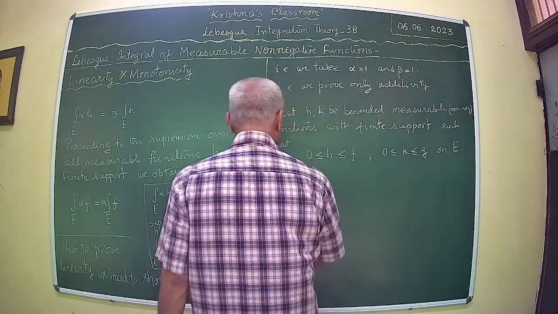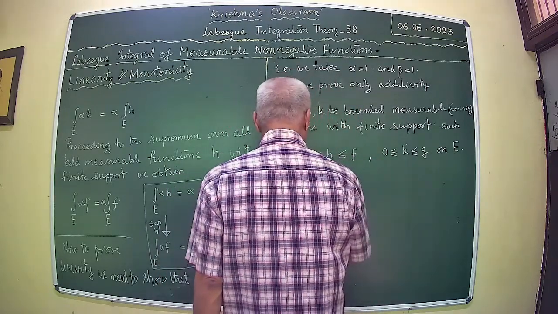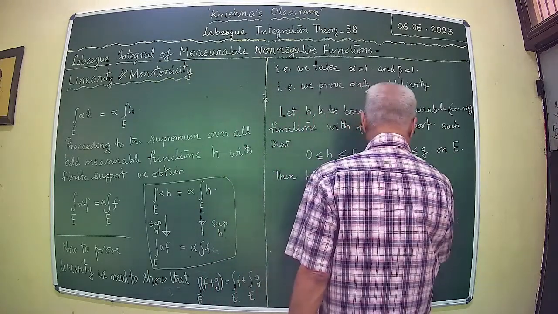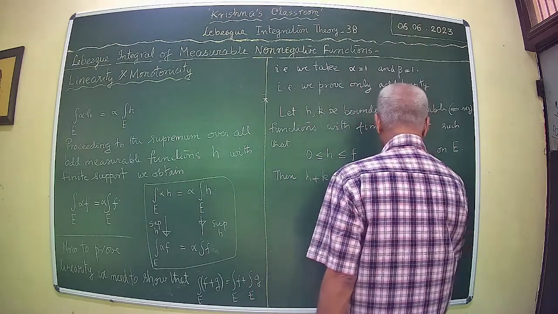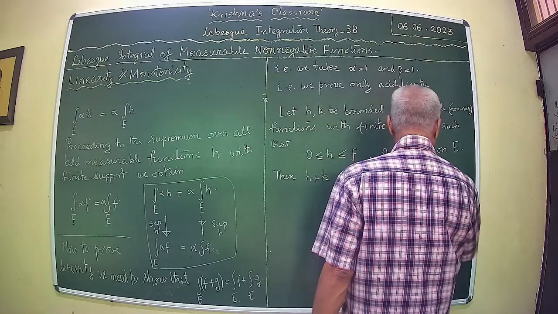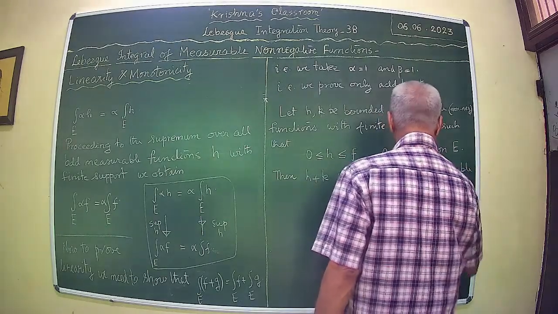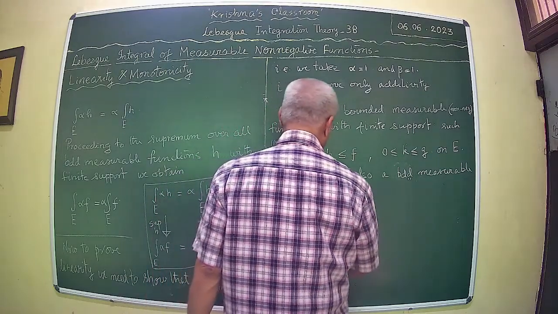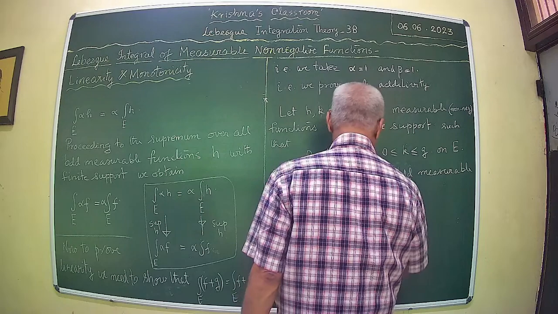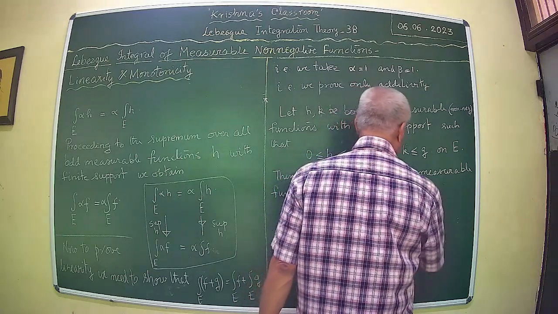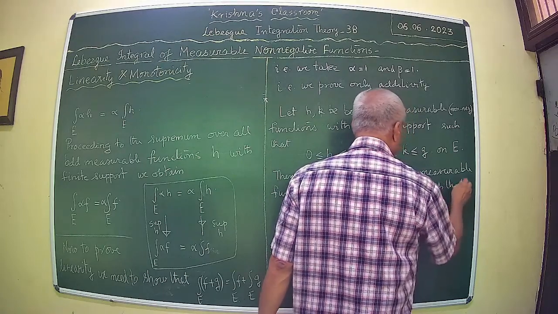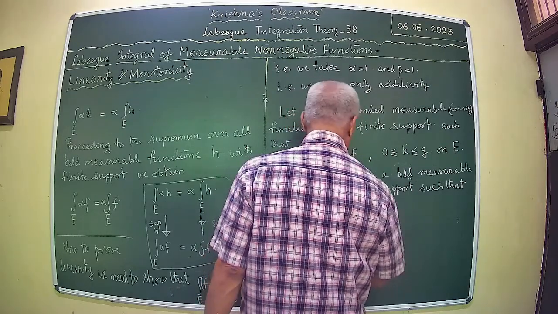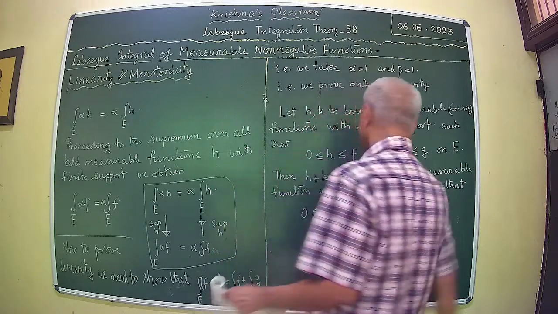Then what we have is h plus k is also a bounded measurable function with finite support such that h plus k is less than or equal to f plus g.